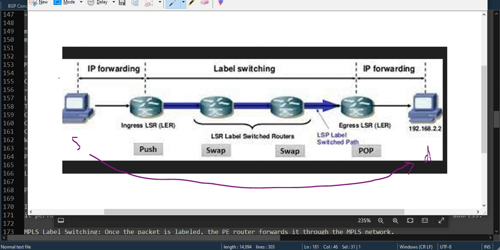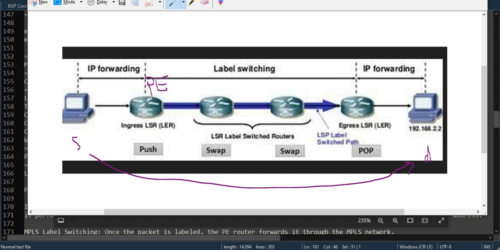In an MPLS network, the first router in the MPLS network, if this is the path of forwarding from source to destination, is called the ingress LSR or edge LSR. This is also called PE.